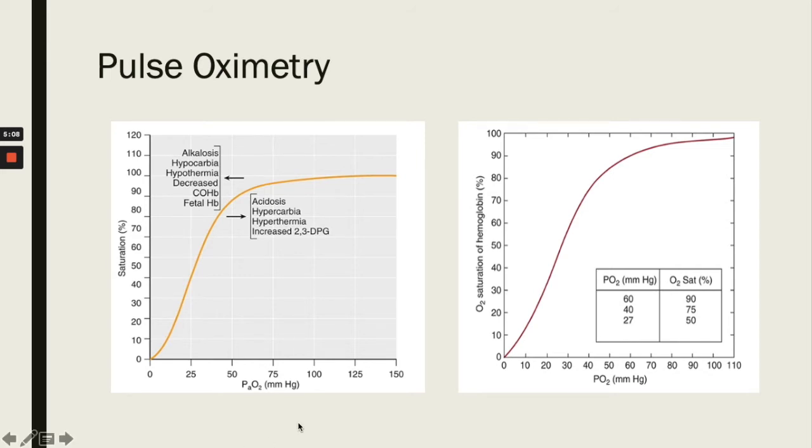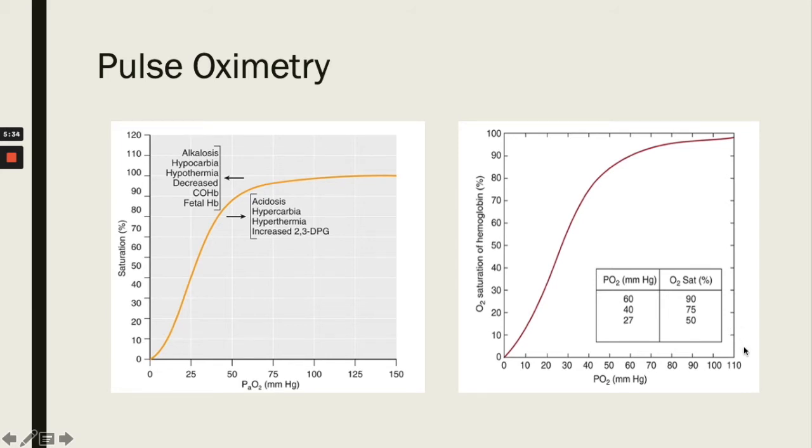Now, for this chart right here, this is saying that at a PO2 of 60, the predicted or given O2 sat would be approximately 90%. We know that if our PO2 is 40, we can predict our oxygen saturation to be 75%.